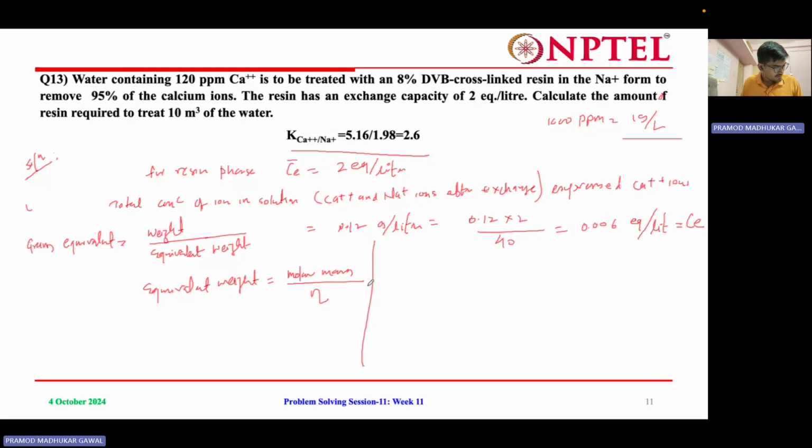Now 90% of the Ca ions are removed at the end of the equilibrium contact, right?